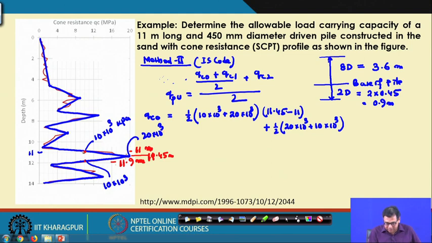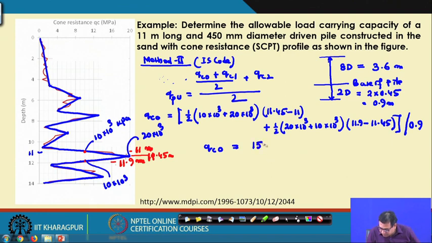From 10 to 20 is the average, and the thickness is 11.9 minus 11.45. The total is divided by 0.9. So, QC0 is coming out to be 15 into 10 to the power 3 kilonewton per meter square.